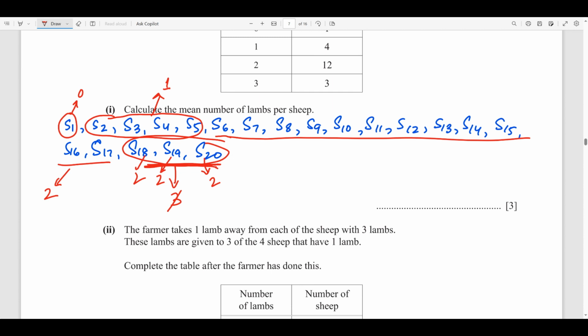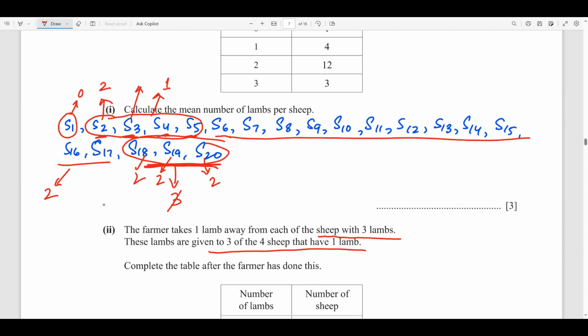Okay, and then what happened to those lambs? They have been given to three of the four sheep that have one lamb. So these are 1, 2, 3, 4, four sheep that have one lamb each. All these three lambs that have been taken away have been given to three of them, which means sheep 2, first it had one, now it has one more, so it got 2.